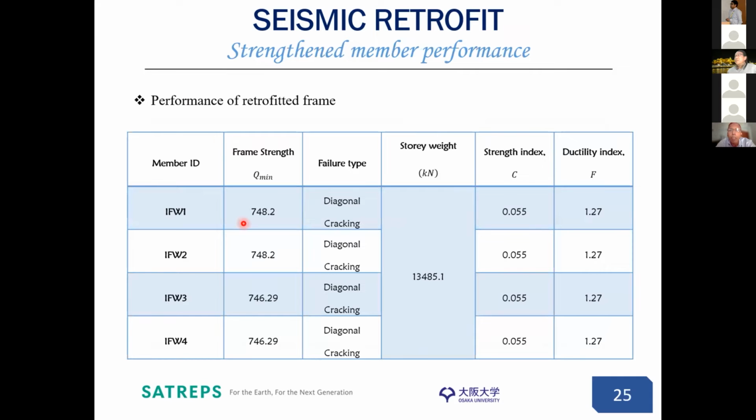So this is the performance of the retrofitted frame, each of them, IFW1 to IFW4. These are the frame strength that was calculated, failure type, story weight supported, and strength index is basically divide this by this, and you can find this. And ductility index limit is actually given by the retrofitting technique in section 3.3 of this particular guideline.